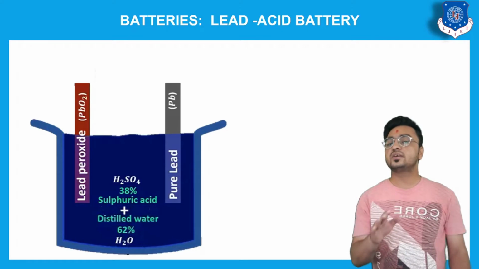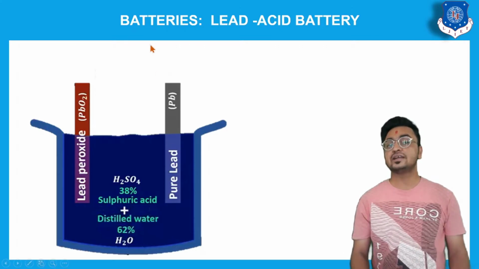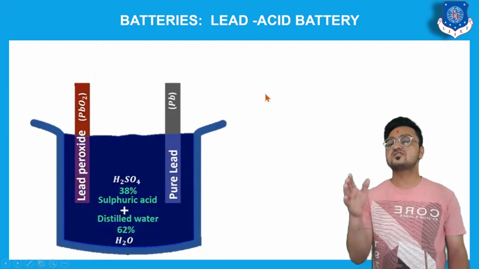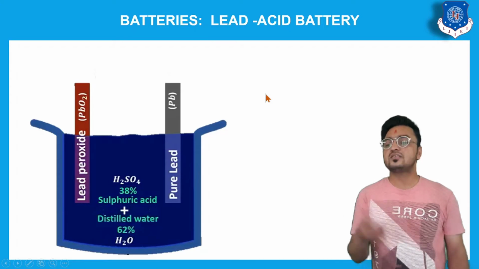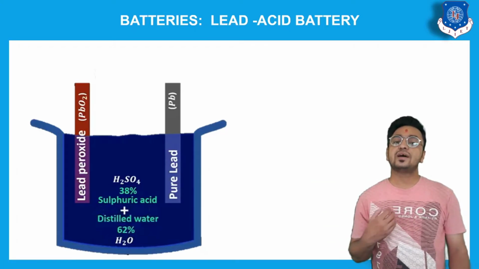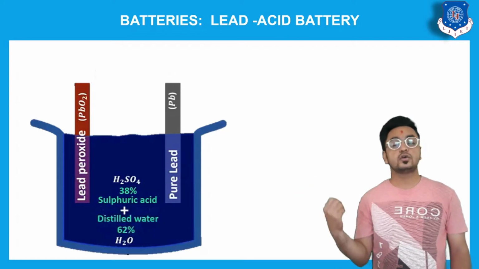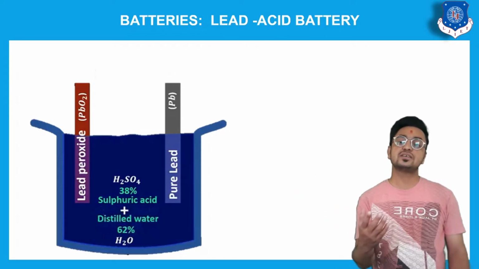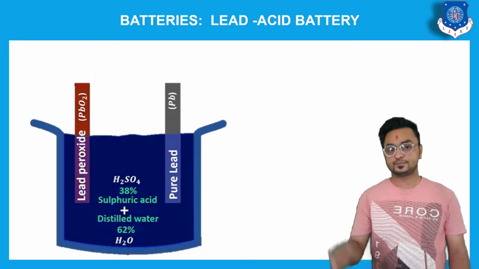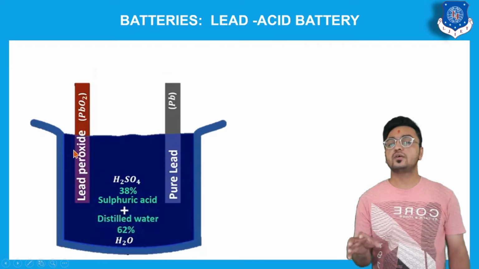Now, next we will discuss one of the batteries, and here we are going to discuss the lead acid battery. If we discuss the basic construction of a lead acid battery or any general secondary cell or secondary battery, it can be used after discharging by charging it again. So here, in the basic structure, we have one container.